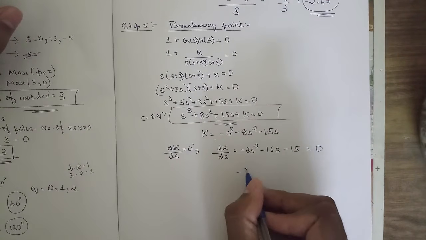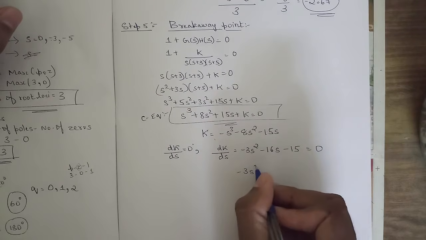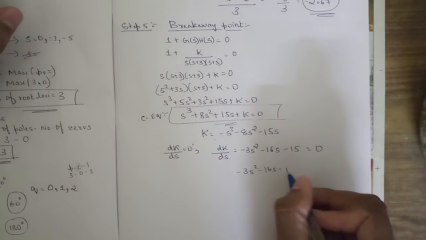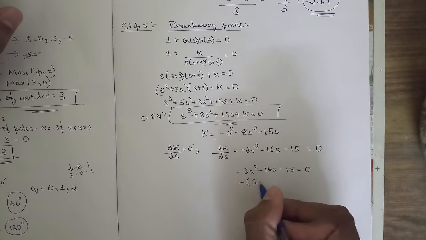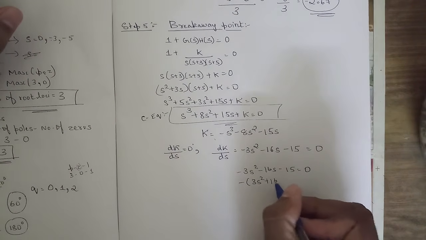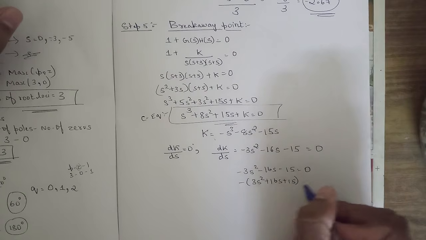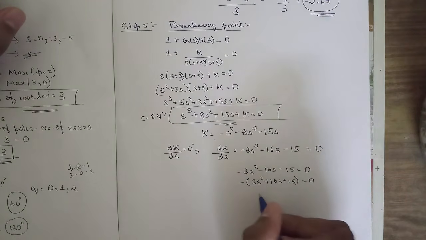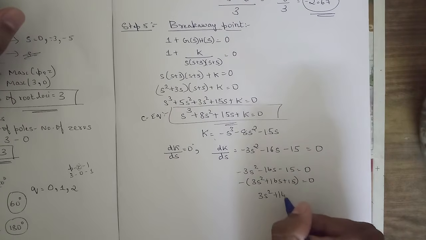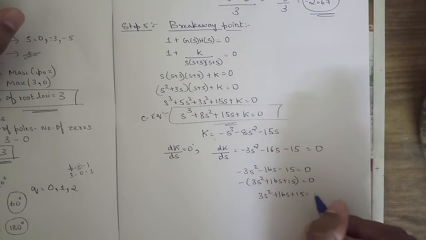So now the equation we are getting is minus 3s square minus 16s minus 15 equal to 0. We can take the minus common outside: minus of (3s square plus 16s plus 15) equal to 0. We can cancel the minus out by bringing it to the other side. Therefore 3s square plus 16s plus 15 equal to 0.